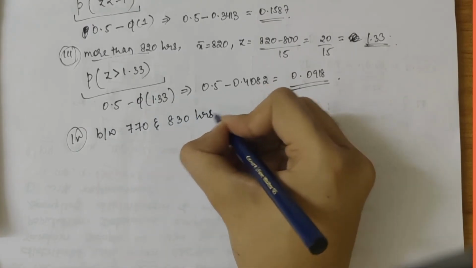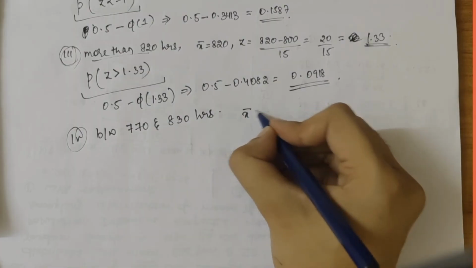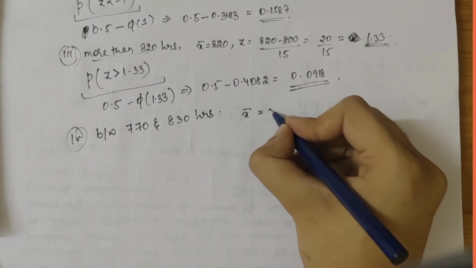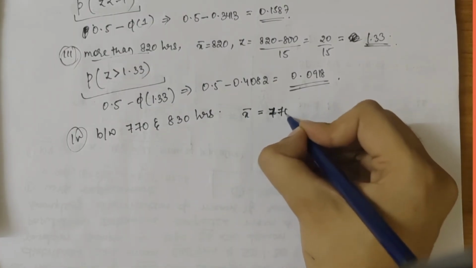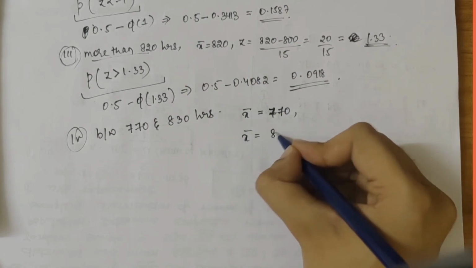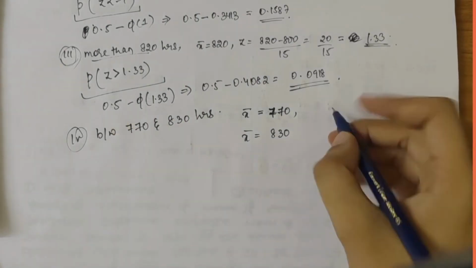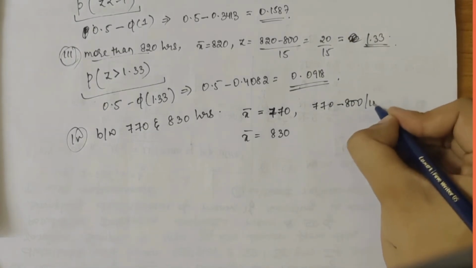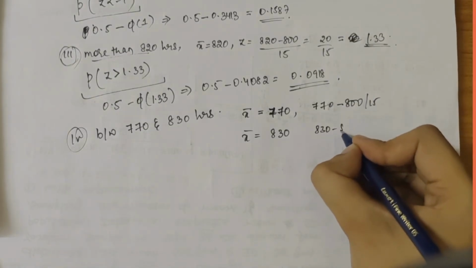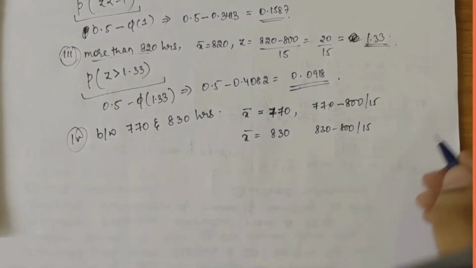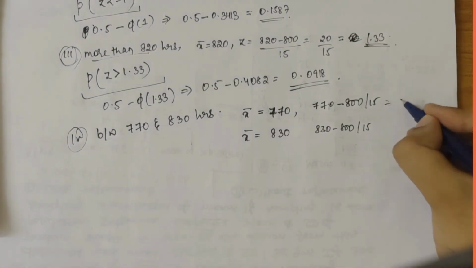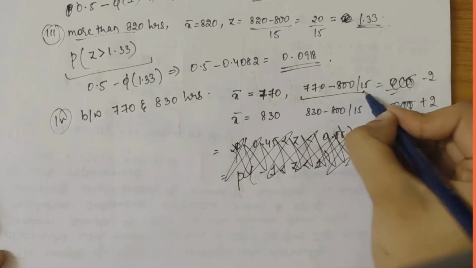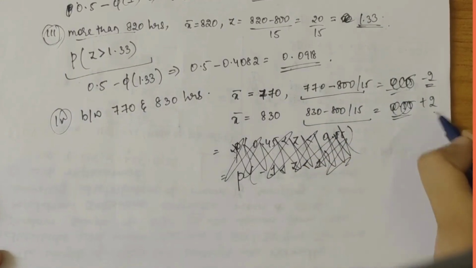Moving on to the fourth part, they have asked us to find between 770 and 830 hours. So when x bar is 770 and x bar is 830, we can write 770 minus 800 by 15, and 830 minus 800 by 15. Solving this, we get minus 2, and solving this we get plus 2.